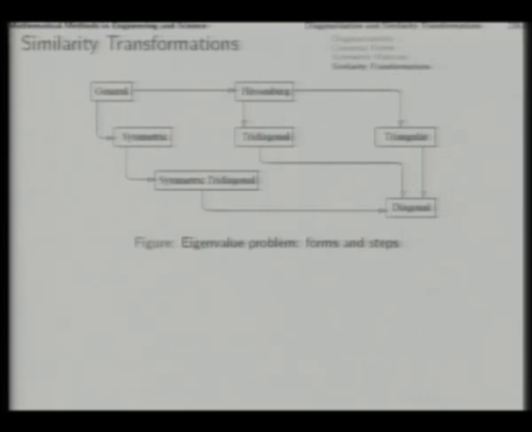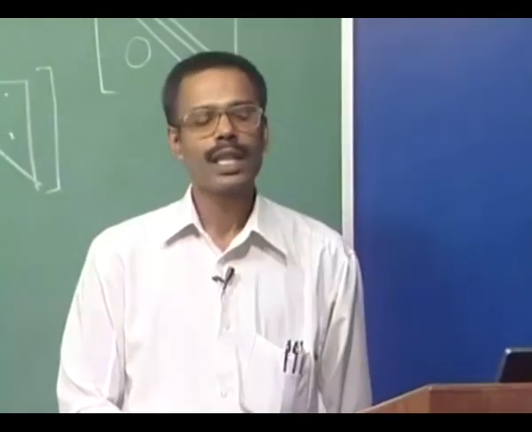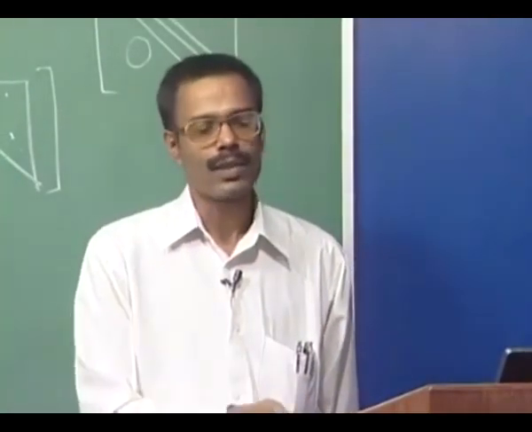So, in that understanding we find that compared to a general matrix, general meaning which may be non-symmetric, all other forms are easier to handle, and the diagonal matrix is the one in which the eigenvalue problem is actually already solved, right.